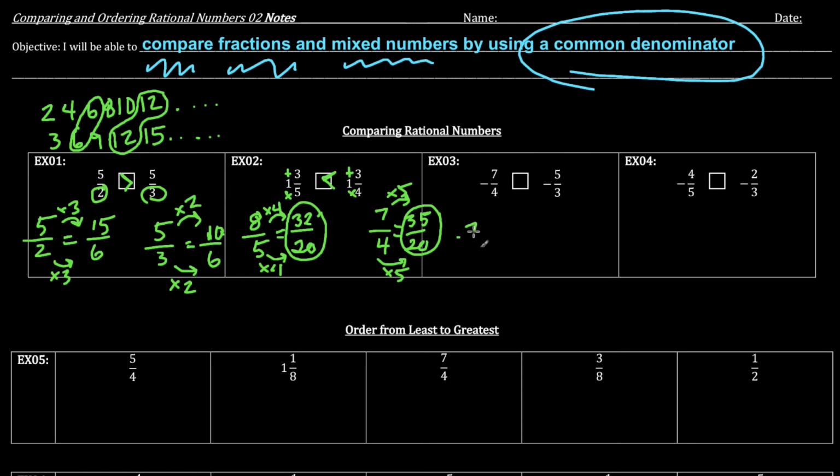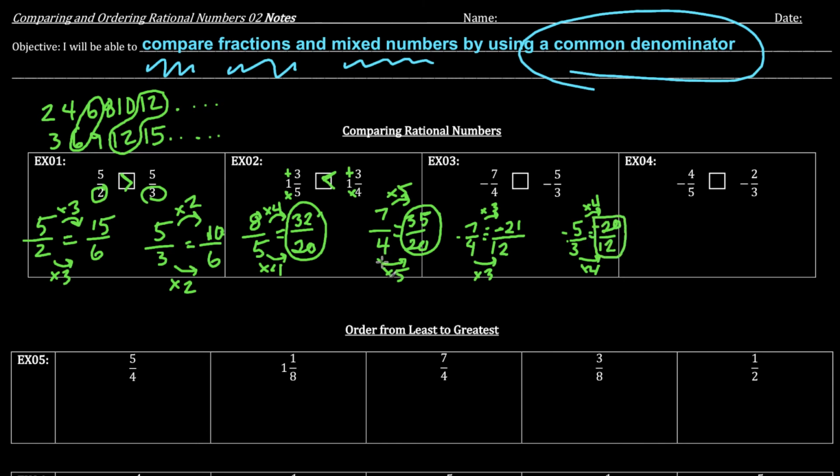So -7/4 is how many 12ths? And -5 thirds is how many 12ths? Negative. So that's multiplied by 3 equals negative 21 twelfths. Multiplied by 4, we get negative 20 twelfths.